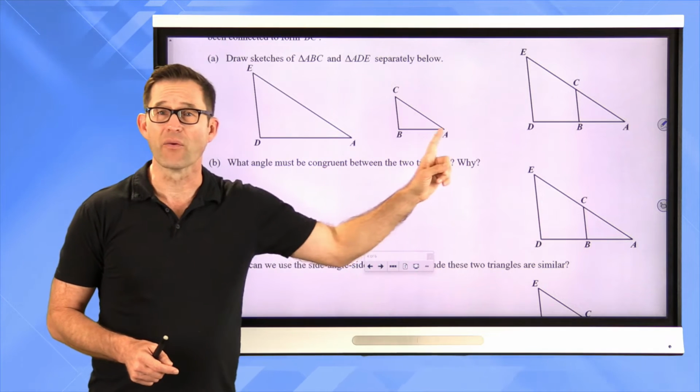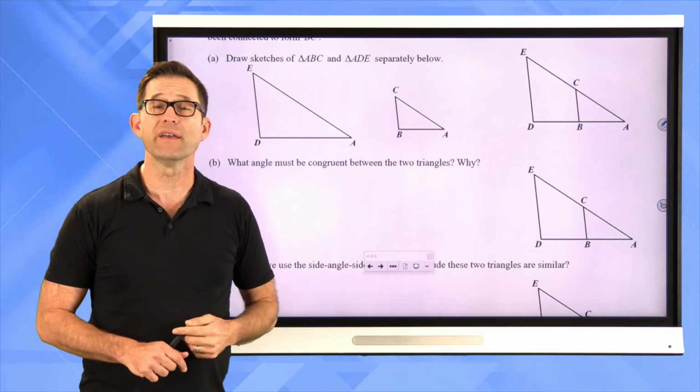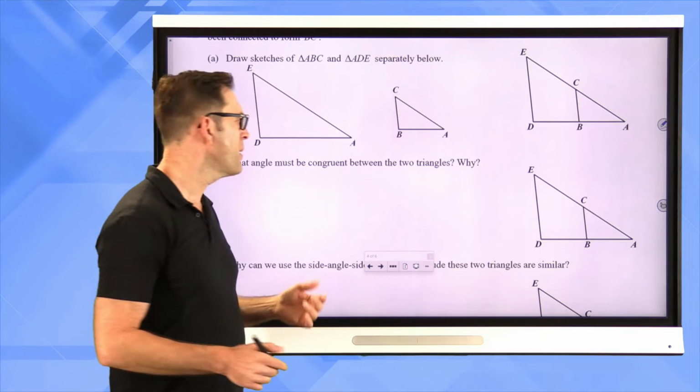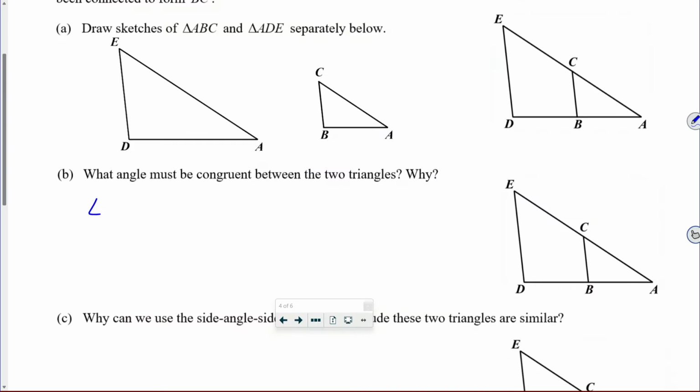Maybe I should have said what angle pair, because by saying what angle, maybe I gave it away. It's got to be angle A, because it is literally a shared angle. Now maybe I'll call it this: angle EAD must be congruent to angle CAB because they are a shared angle.